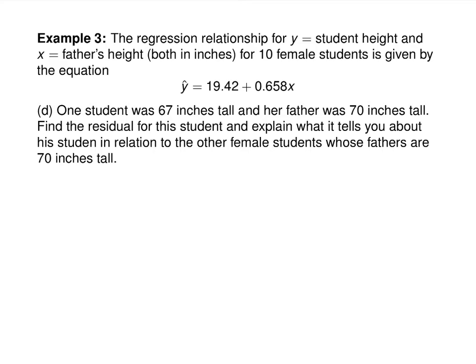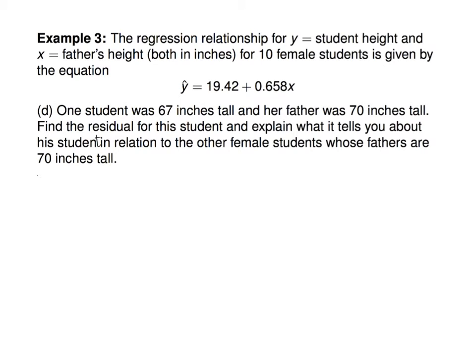So one student we found was 67 inches tall, and her father was 70 inches tall. Find the residual for this student and explain what it tells you about this student in relation to the other female students whose fathers are also 70 inches tall.